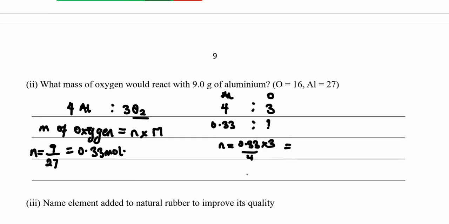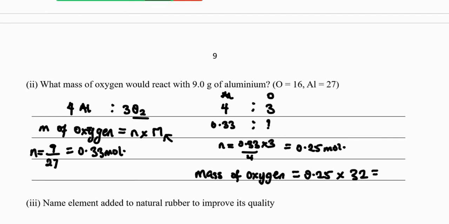All of this will give us 0.25 moles. So now we can fix this into the equation here. Our mass of oxygen is now equal to number of moles 0.25 times molar mass 32, which will give us 8 grams.